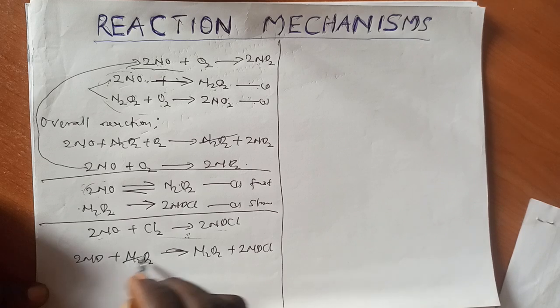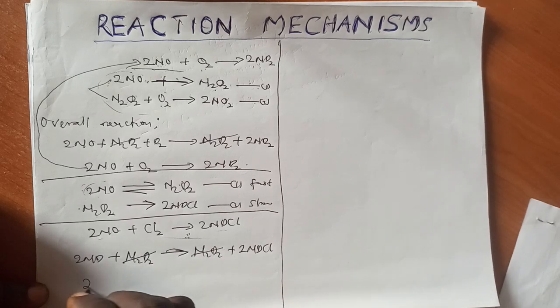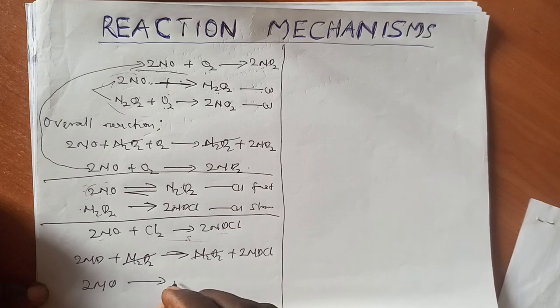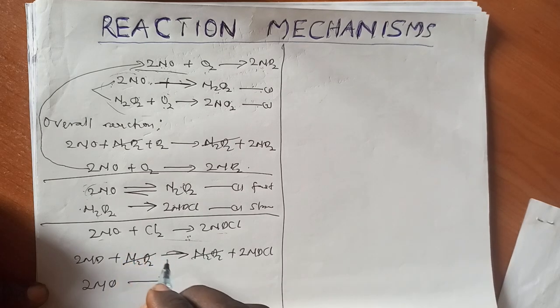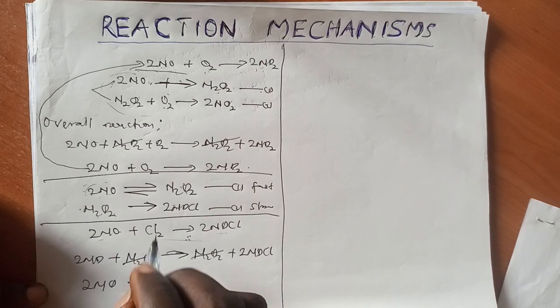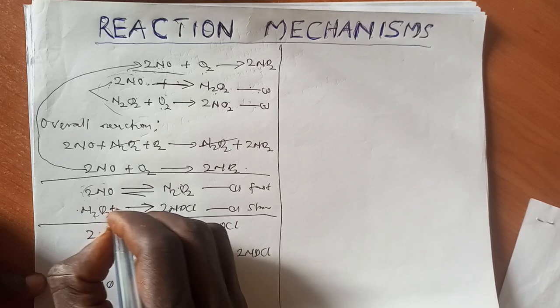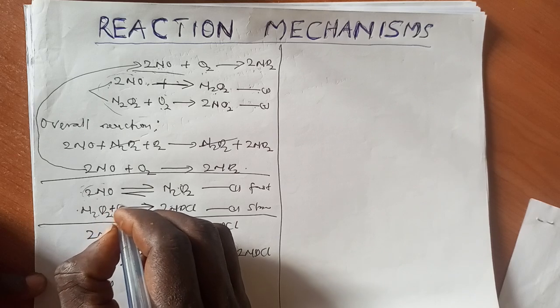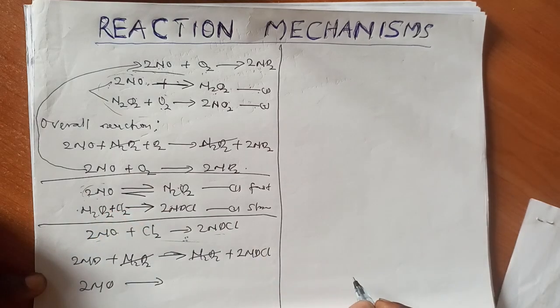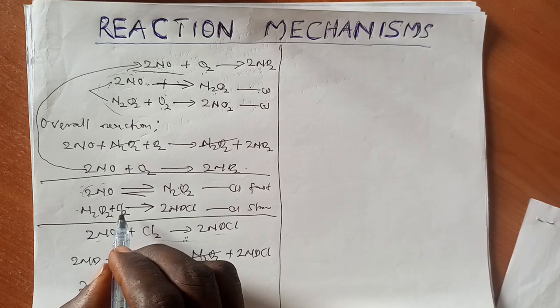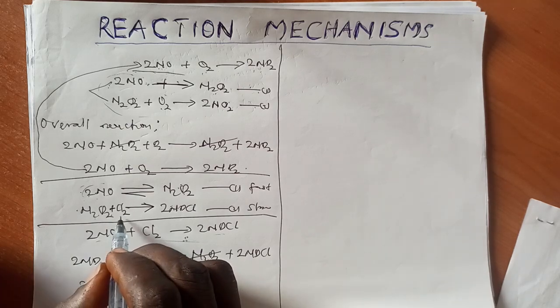When you do that, you cancel out identical species, then you are left with 2NO, sorry, this one it has plus Cl2. Do you get it? I hope you are seeing what I'm doing. There is plus Cl2 here.